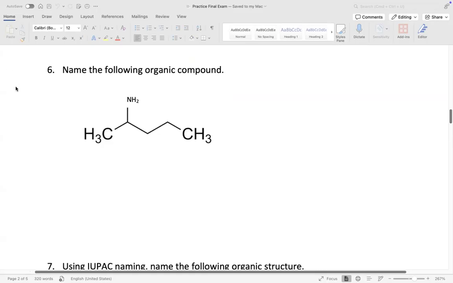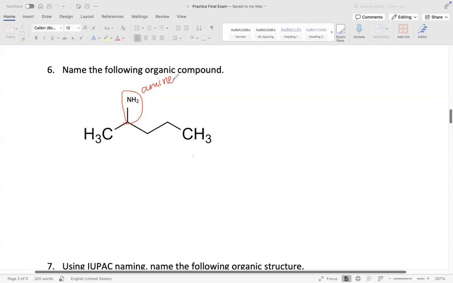So continuing naming. Our first step is to identify the functional group. Here I see this guy here. This is an amine. Anytime there's a nitrogen present, that's an amine.